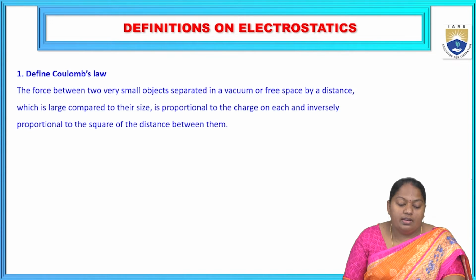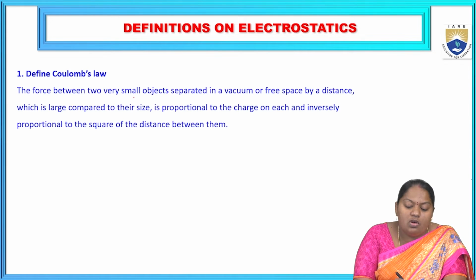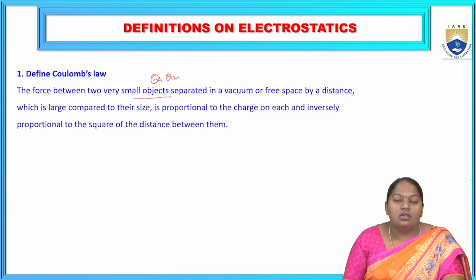Now, at the engineering level, we should express Coulomb's law in vector form. The force between two very small objects, let them be Q1 and Q2, the two stationary charges considered as small objects, separated in a vacuum or free space by a distance which is large compared to their size, is proportional to the charge on each and inversely proportional to the square of the distance between those two.